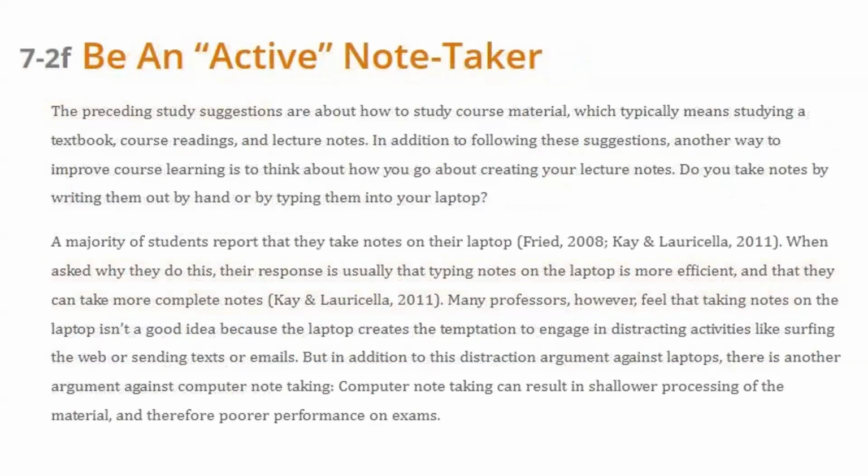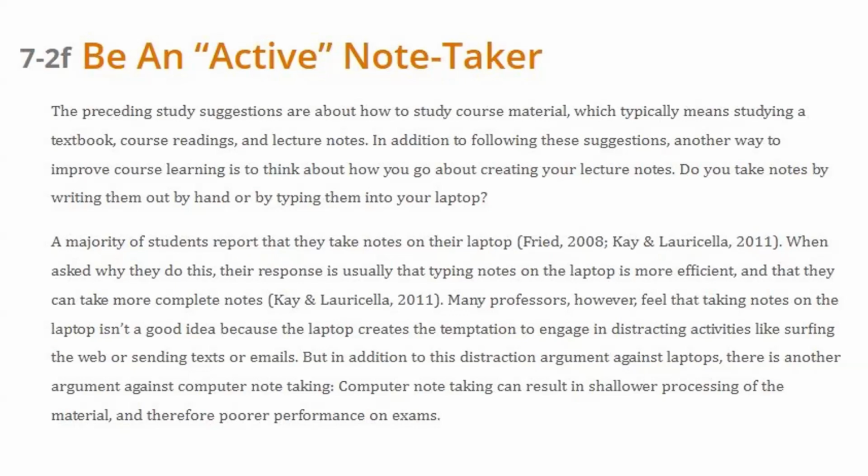And one of the things that it is part of is this idea of being an active note taker. So what does an active note taker mean? An active note taker means that you are actively participating in your note taking by making decisions about what to take notes on, by making decisions about how to phrase those notes that you're taking, by making elaborations during your note taking, putting things in the margins about, well, this is kind of like parallel processing, or this one actually kind of reminded me of endogenous attention.